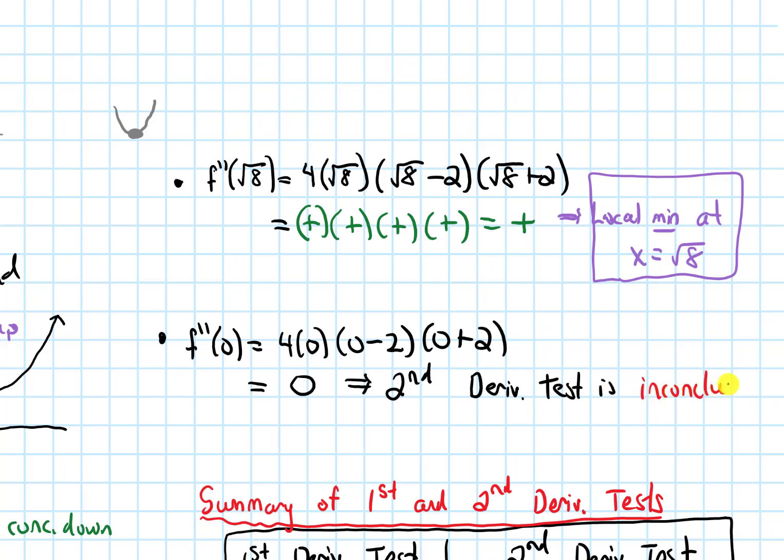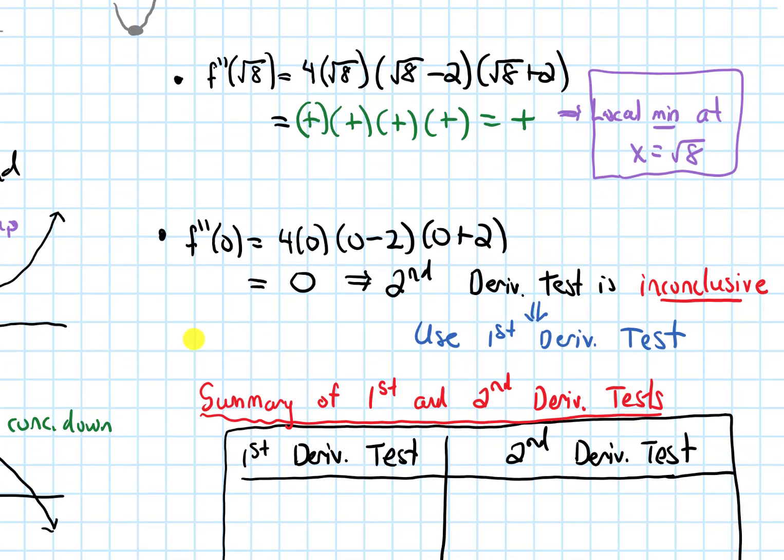It gives me no information. This does not necessarily mean that it's not a local max or a local min. It could be. It doesn't have to be neither. It just tells me that this gives me no information. And when this is inconclusive, we would use the first derivative test, which we had done in an earlier video.